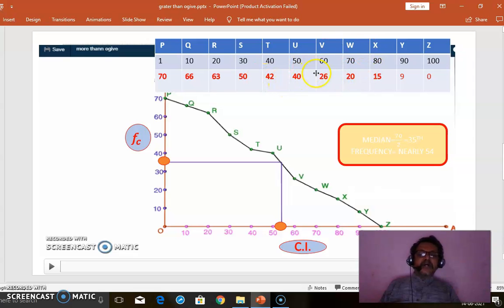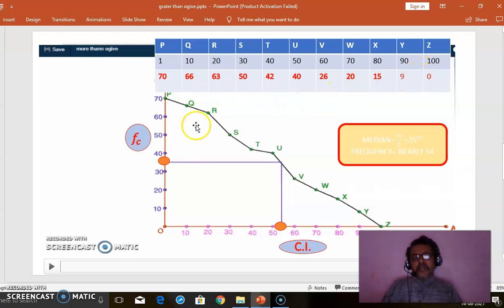These are the points: P (1, 70), Q (10, 66), R (20, 63), S (30, 50), T (40, 42), (50, 40), (60, 26), (70, 20), (80, 15), (90, 9), (100, 0).